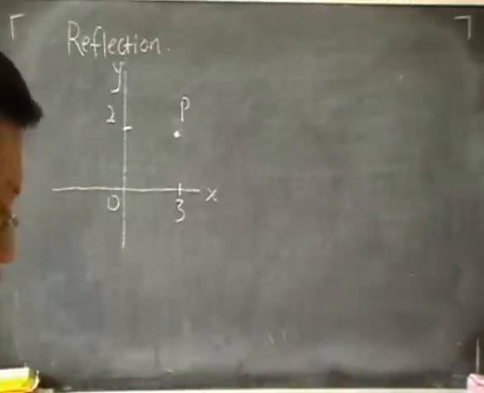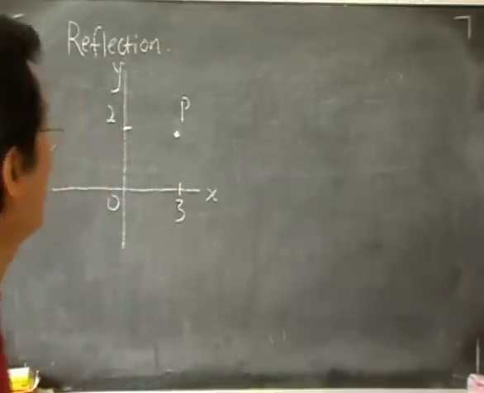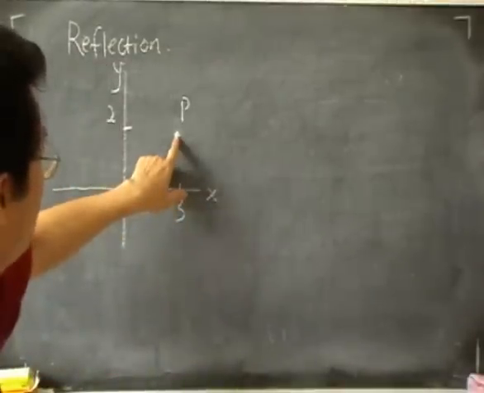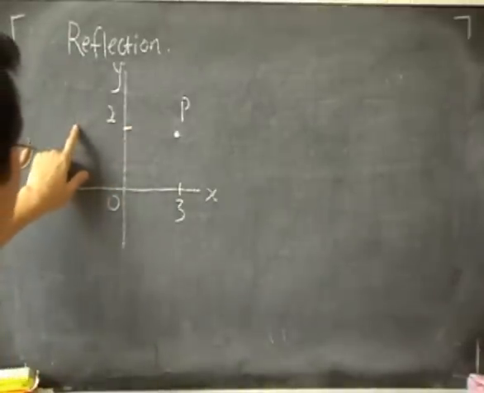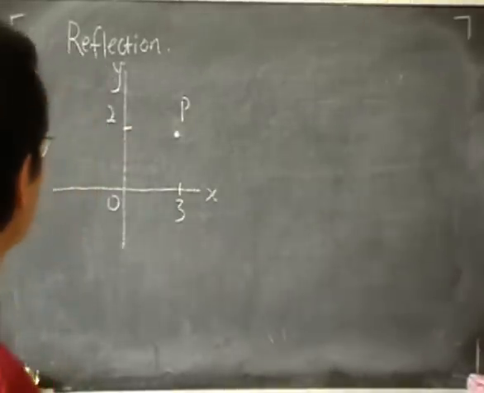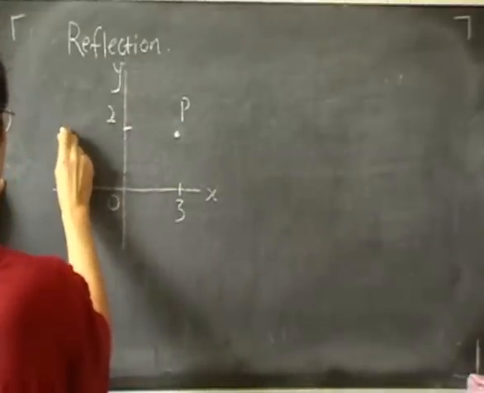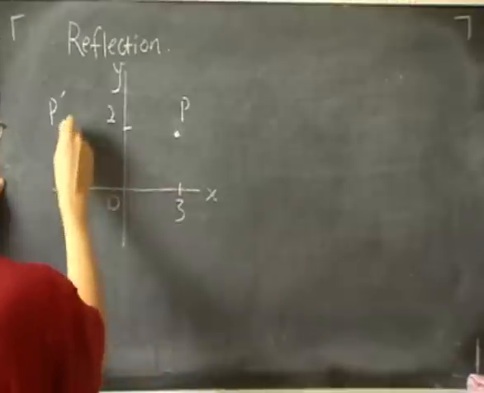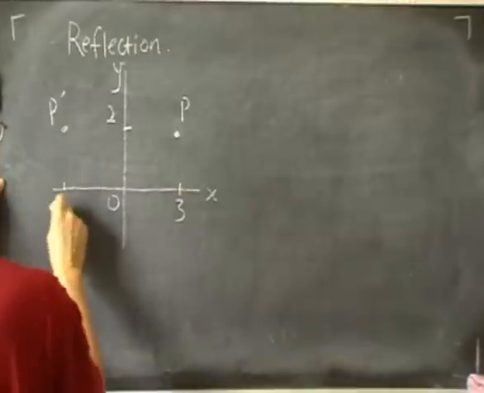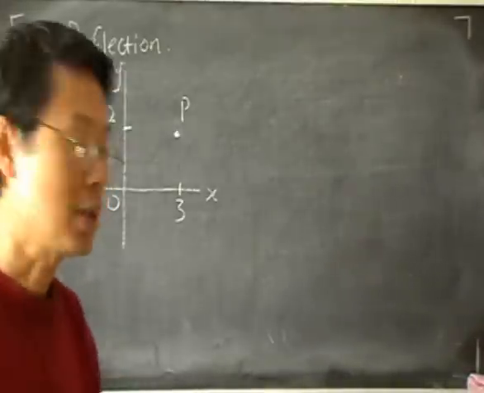Now if I want to reflect this in the y-axis, we imagine that the y-axis is a mirror and the image of this point P should be on the other side and at the same distance from the mirror. So it would be there, I'll call it P prime, and the x value of P prime should be -3, same distance but on the other side.